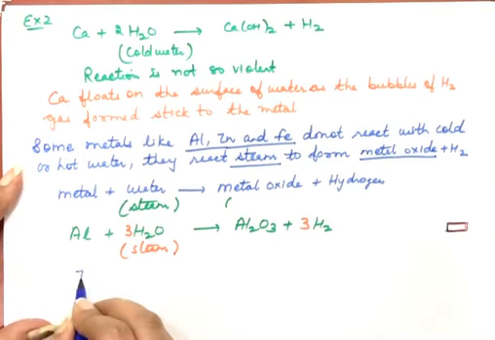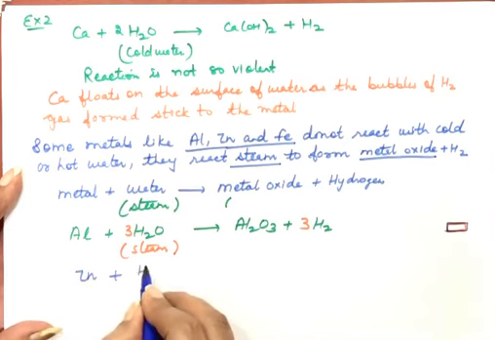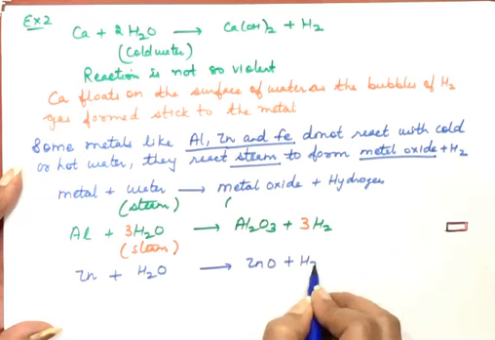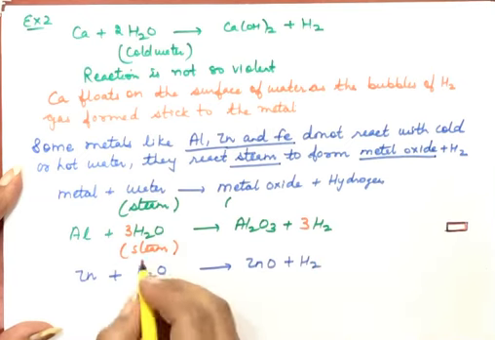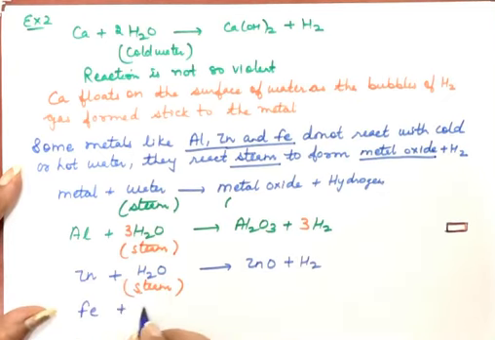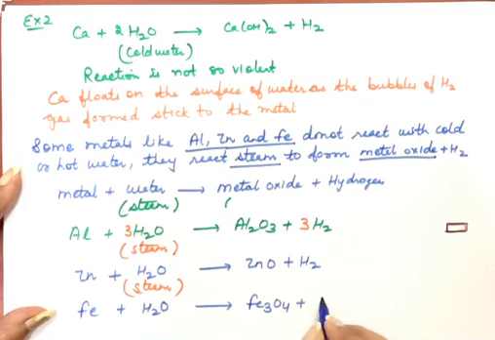Next example is zinc. Zinc reacts with steam to form zinc oxide and hydrogen. Here also this is steam only. Next example here is iron. This also reacts with steam and it forms Fe3O4, iron oxide, with evolution of hydrogen. Balancing is like this.